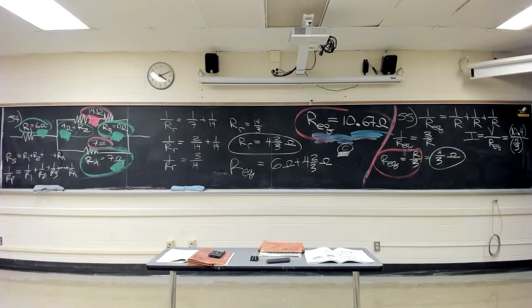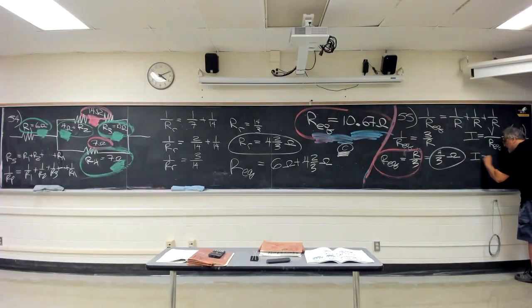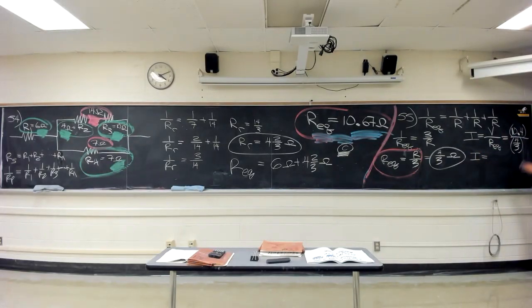Looks pretty good to me. At the end of the day, you do this. 4 goes into 10.4 2.6 times. The 3 flips. So 3 times 2.6 is 7.8. The amount of current, start to finish, the equivalent current going through there, is 7.8 amps.